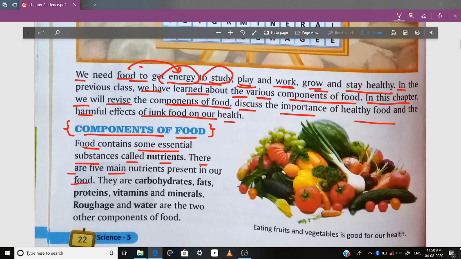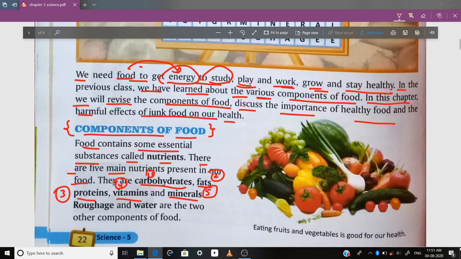The names of the five main nutrients are: number 1 carbohydrate, number 2 fat, number 3 protein, number 4 vitamins, number 5 minerals.